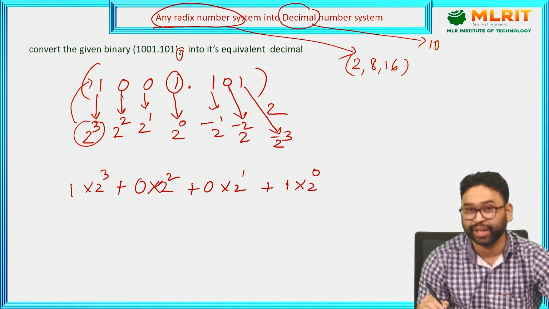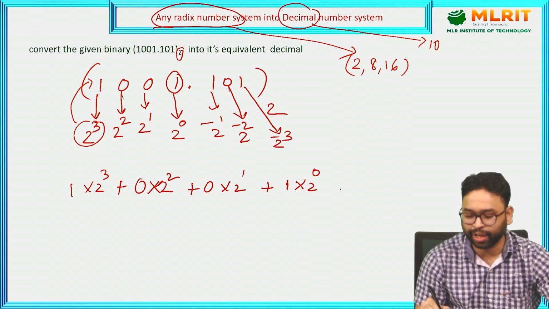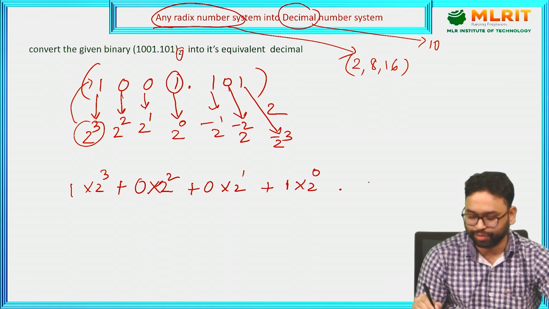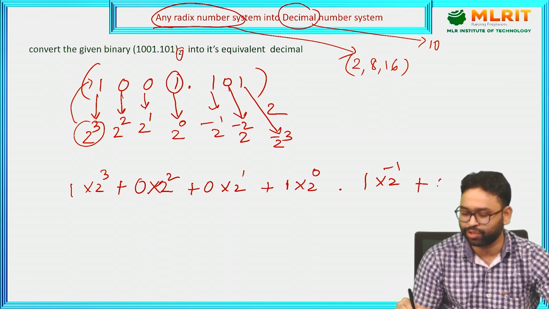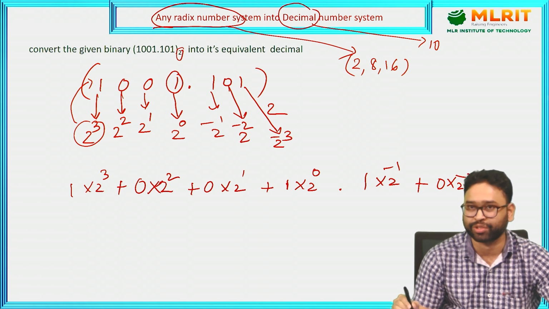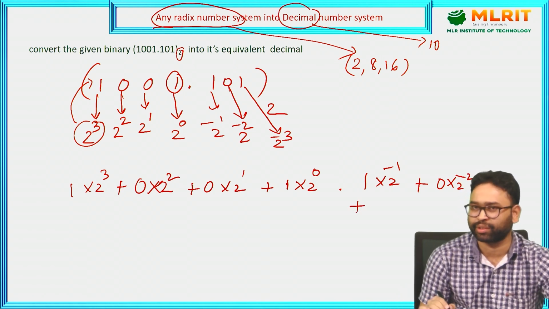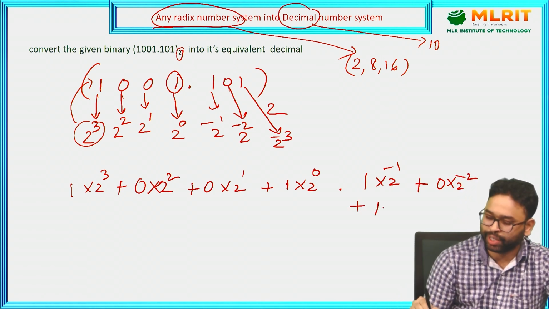Up to this part, it is the integer part. And again, let's look into the fractional part. That is 1 into 2 power minus 1 plus 0 into 2 power minus 2 plus 1 into 2 power minus 3.